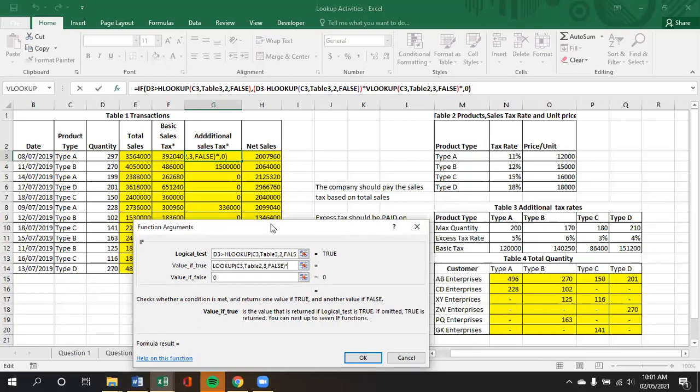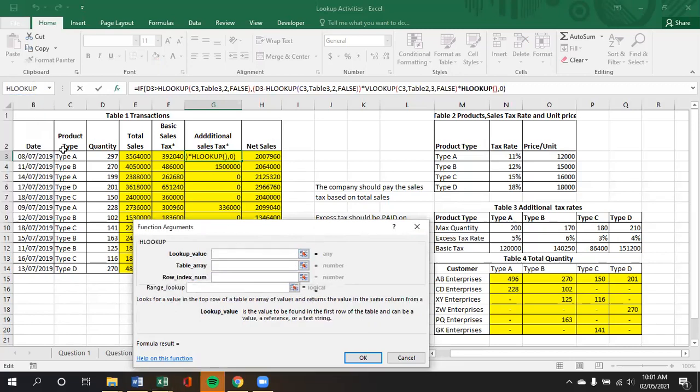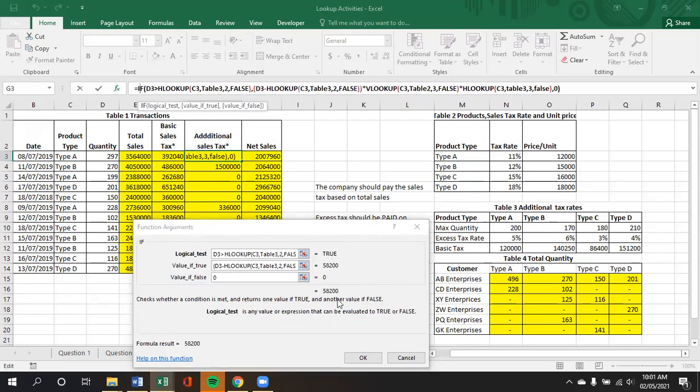Yeah. You can take an HLOOKUP, right? This one table, it's going to be table 3. Good. Row index number, that's going to be the third one. You are looking for an exact match. Good. Yeah. Now it works perfectly.